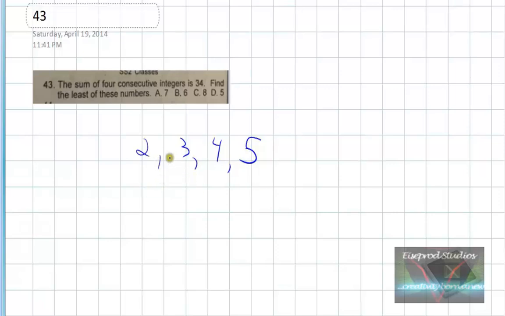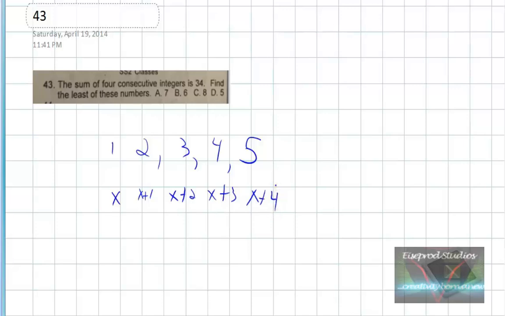So if I were to start off with a number, say x is the first number, then the second would be x plus 1, the third would be x plus 2, and x plus 3, and then this would be x plus 4. Wait, let me fix that.